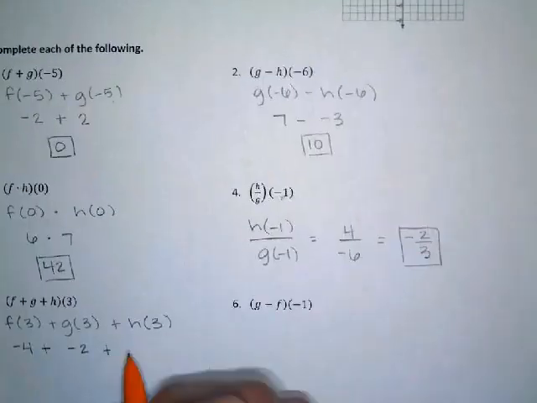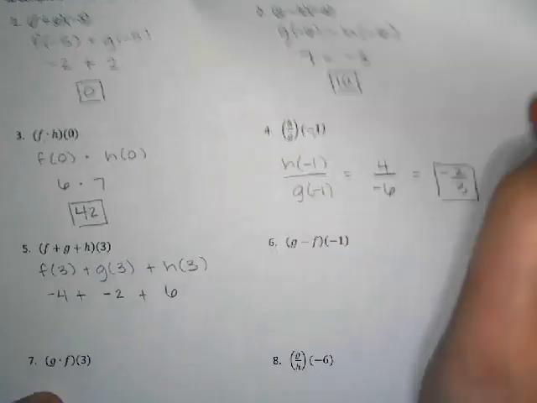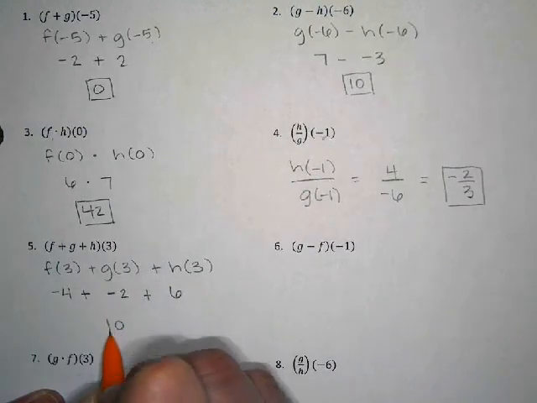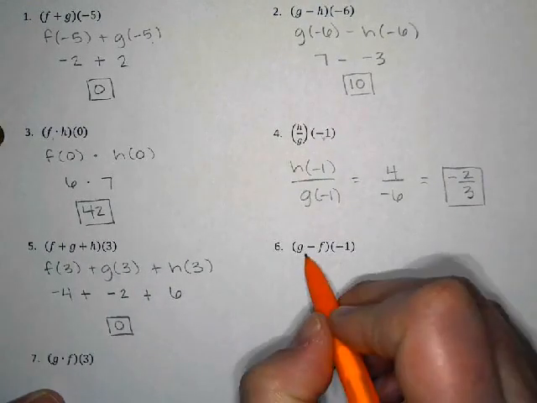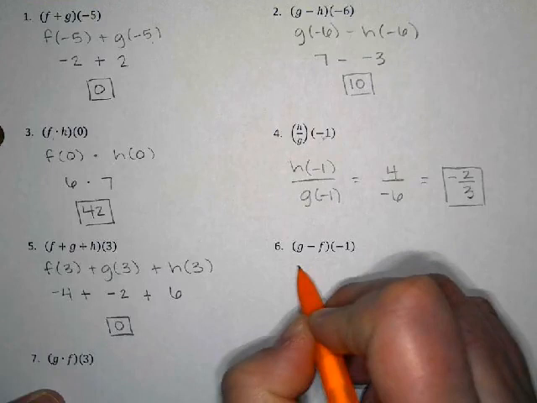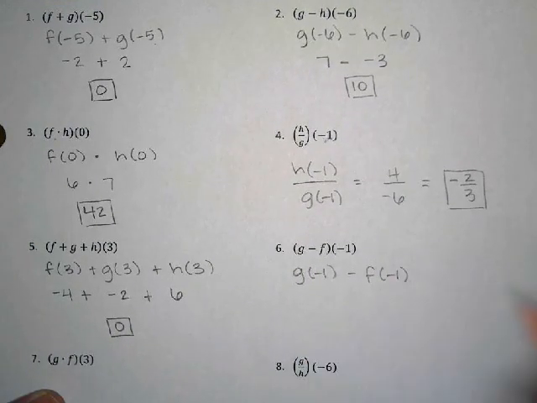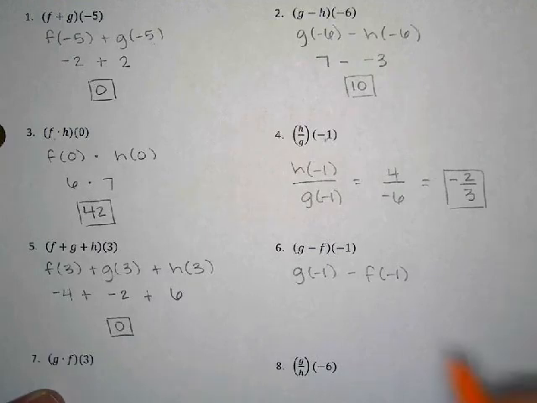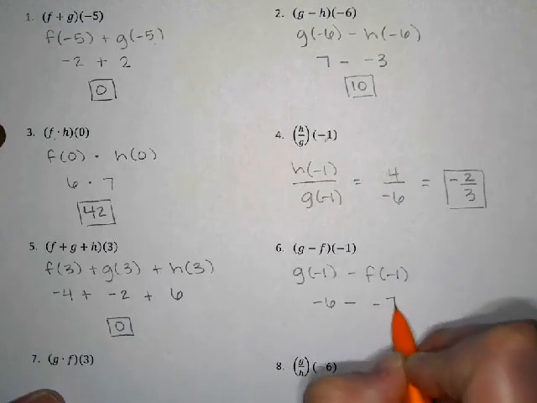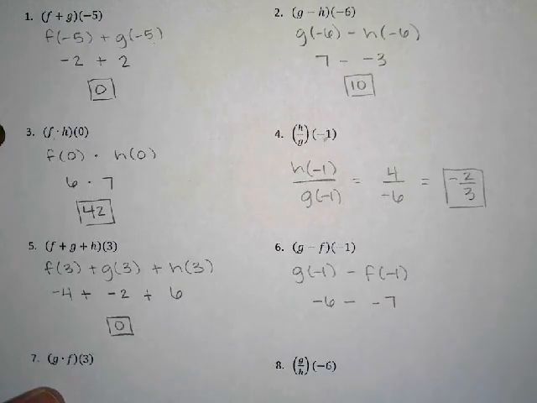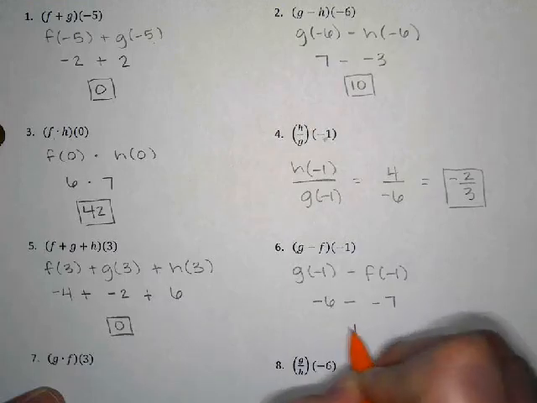Okay. So negative 4 plus negative 2 plus 6 is 0. Okay. G minus f of negative 1. So g of negative 1 minus f of negative 1. What is g of negative 1? Negative 6. What is f of negative 1? Negative 7. Negative 6 minus negative 7 is just 1.